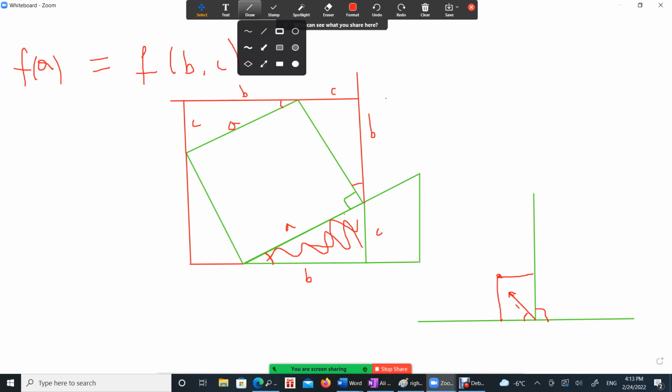So the sides that we attained here, that we formed, apart from A, are B and C again.